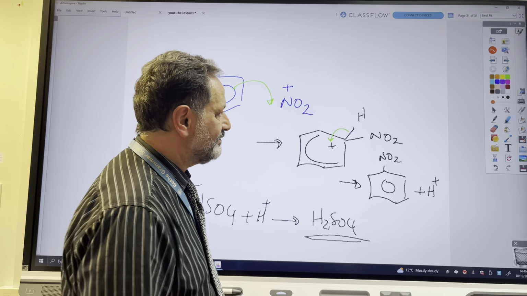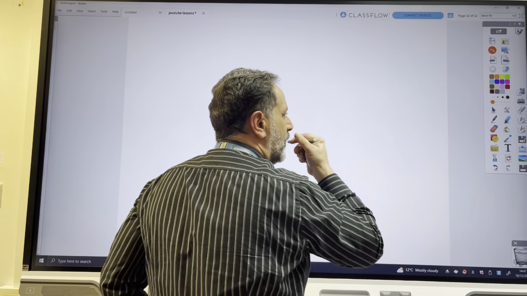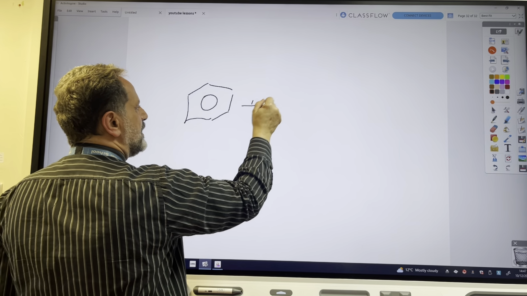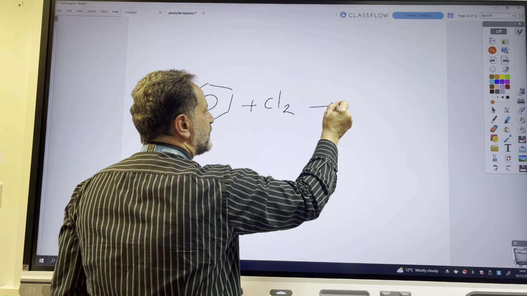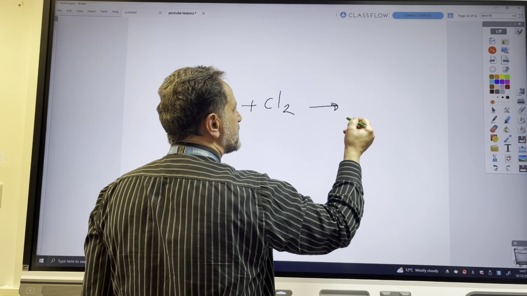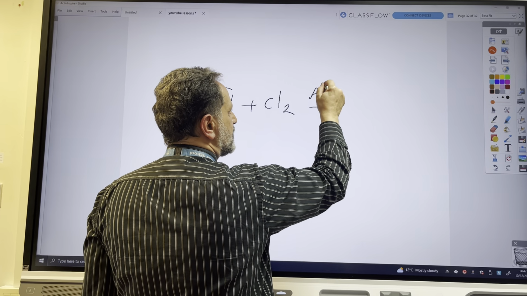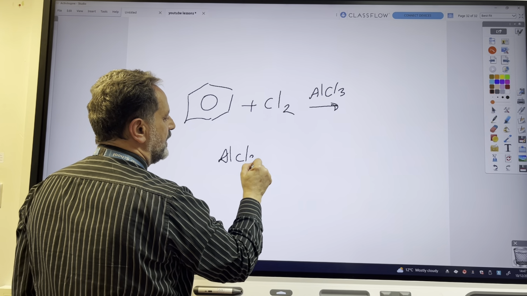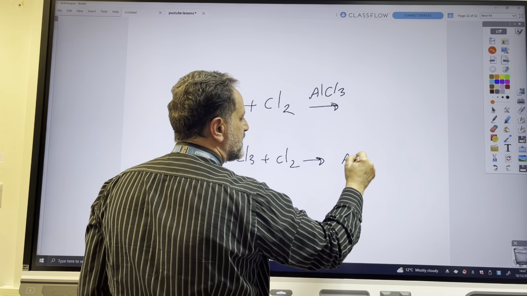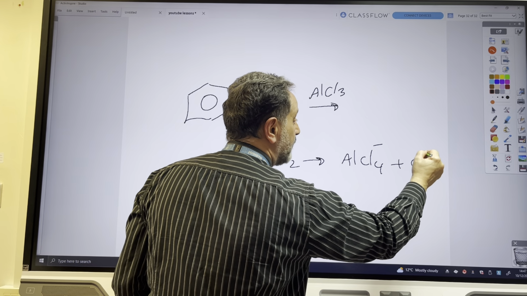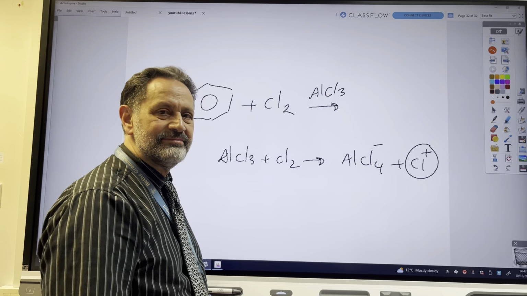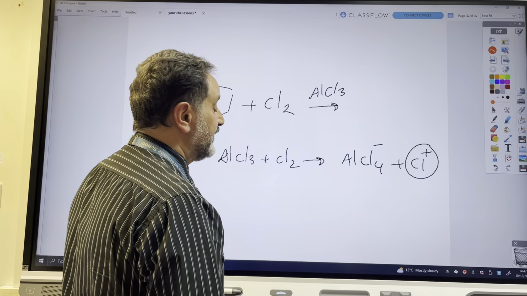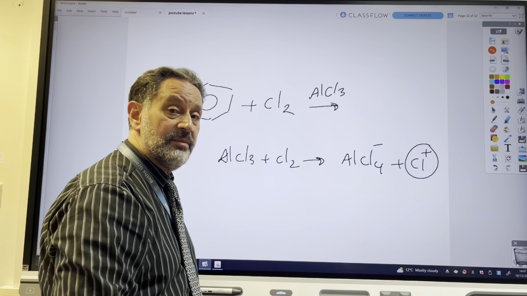All right? If I may include maybe just a couple more examples. If you want to do halogenation of arenes, let's say for example reacted with chlorine, you have to use what is known as a Friedel-Crafts catalyst, also known as anhydrous aluminium chloride. What happens with aluminium chloride? It actually reacts with chlorine and produces AlCl4- plus something you've never seen before: chlorine with a plus charge. And then the reaction mechanism is exactly the same as nitration.